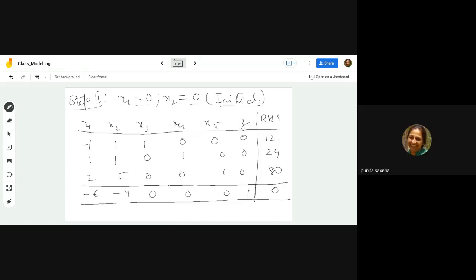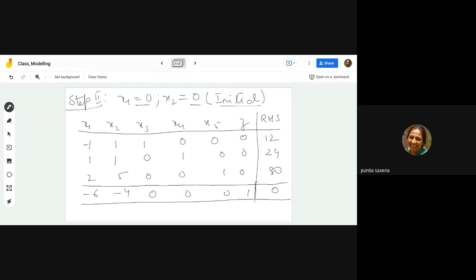Yes, ma'am. Okay. Now, to improve, we have to talk of two things. Number one, the optimality criteria, and number two, the improvement criteria. We have to do two things, because we have to check whether the current solution is optimal or not. If it is optimal, we stop. If it is not, then we move over to the next better solution, the next solution which will give us a better value of z than the one that we have at the present state.